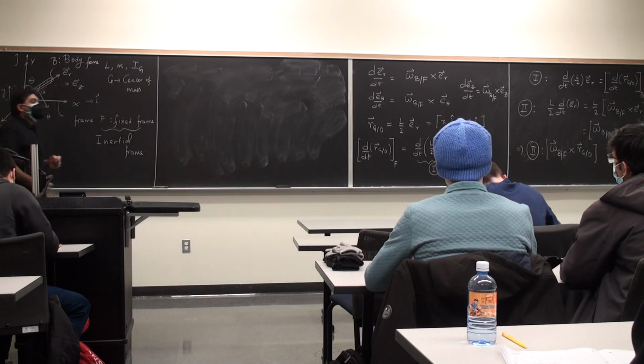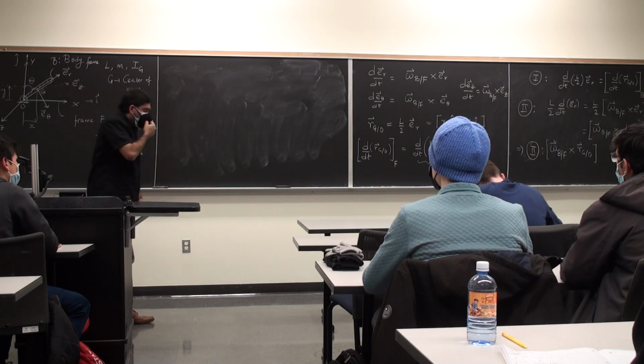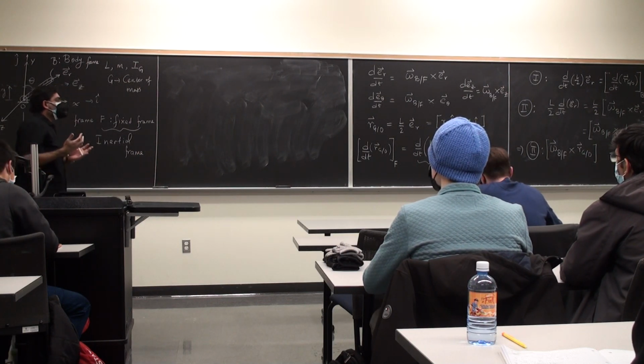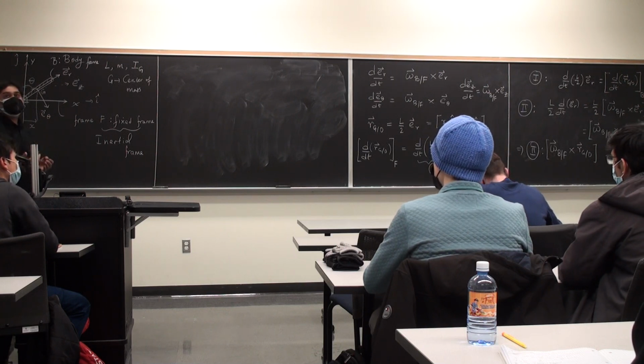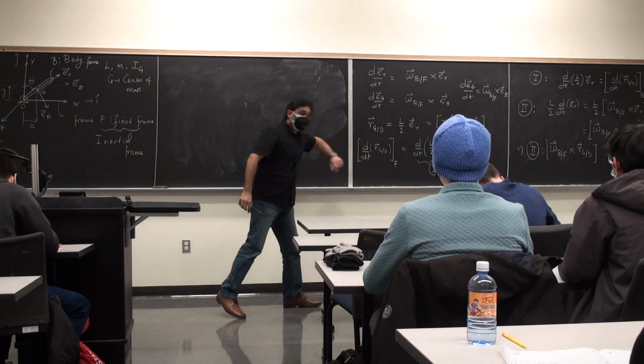And so we come to a fundamental truth, a fundamental theorem essentially, which tells us the time derivative of a vector. So I'm going to start plugging everything into this expression here.